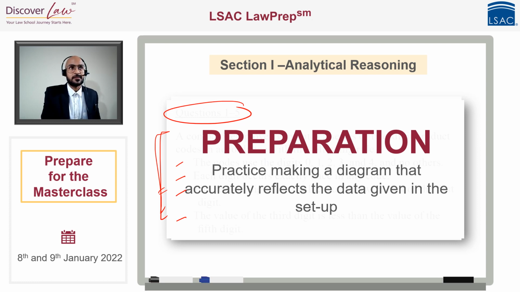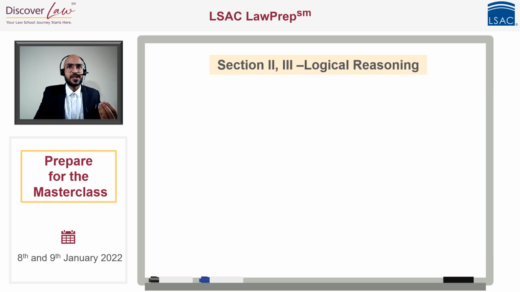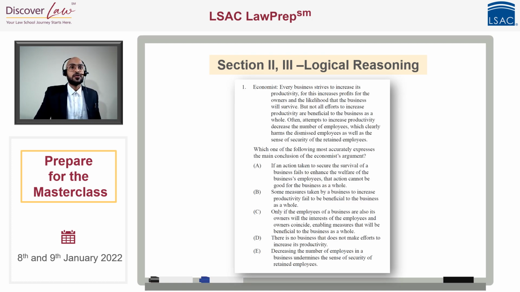Moving on to sections 2 and 3 on logical reasoning. This is what a logical reasoning question from section 2 looks like. You have a statement in the beginning, a passage, then the question statement and then 4 options. Again, you need to focus only on the passage. You can ignore the options; you do not need to study them, just try to make sense of what is given.